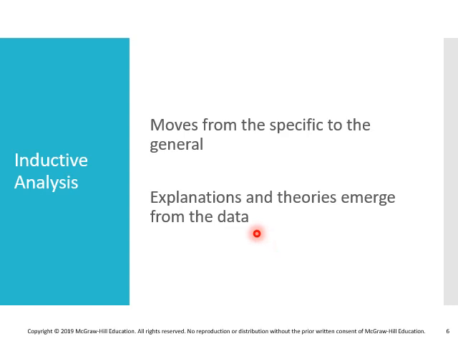As we become more familiar with the data that we collect, and as we explore the possible explanations to give meaning to the data, theories can then emerge because we generalize it, broaden it, moving from the specific to the general.